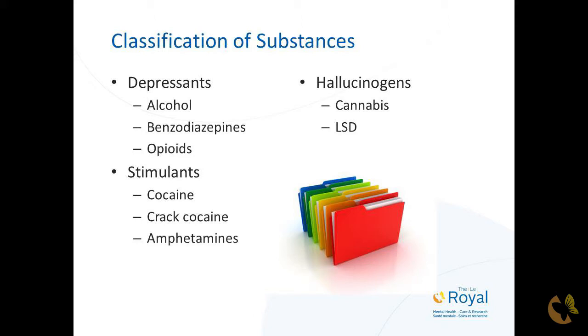And we also have prescription medications here, prescription medications for attention deficit and hyperactivity disorder, like Adderall or Ritalin or Vyvanse. And then our hallucinogens: cannabis, so marijuana, which is a hallucinogen, but it has other properties as well, and LSD, which is like acid, or hallucinogenic mushrooms and so on.